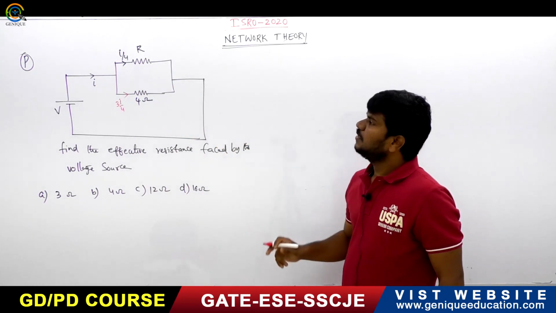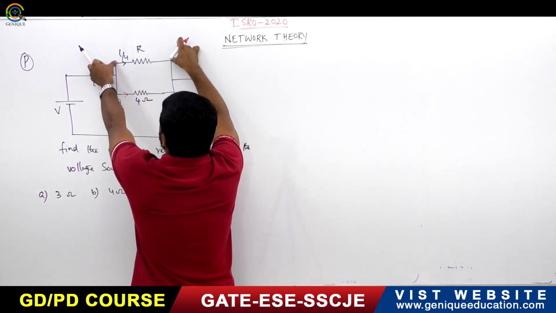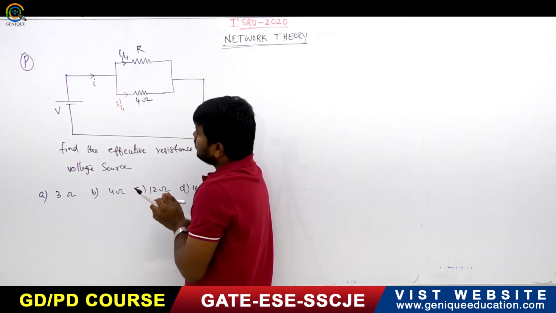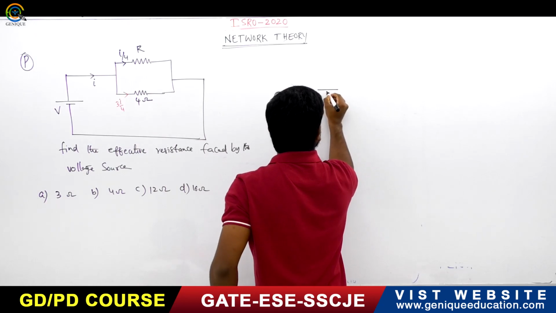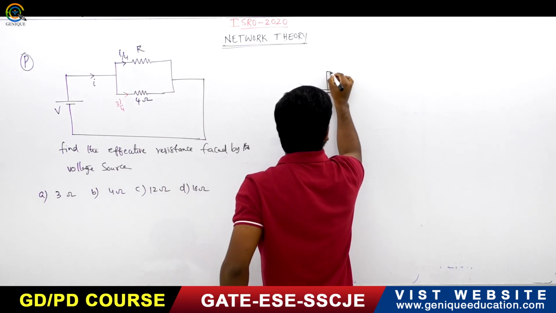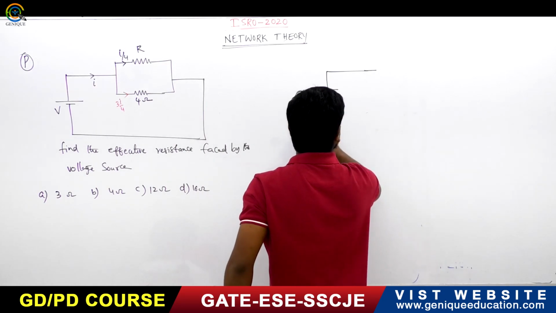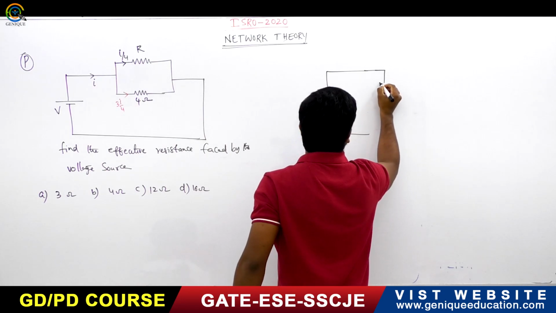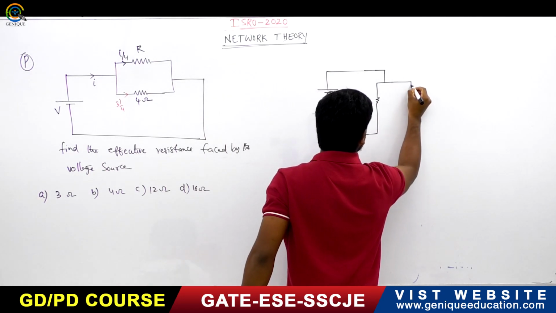But what is the voltage across this terminal? If you observe clearly, it looks like one voltage source, plus V, is connected across this combination.